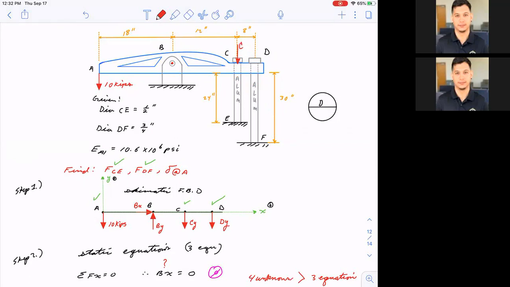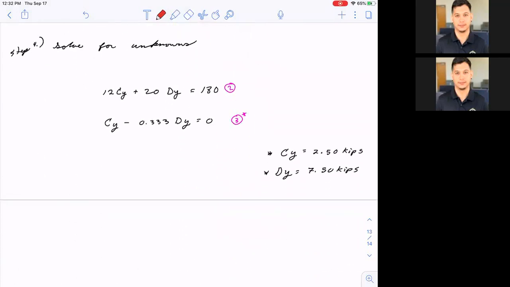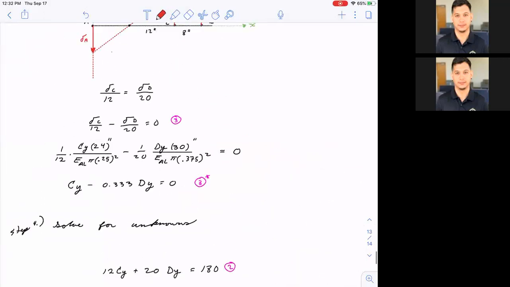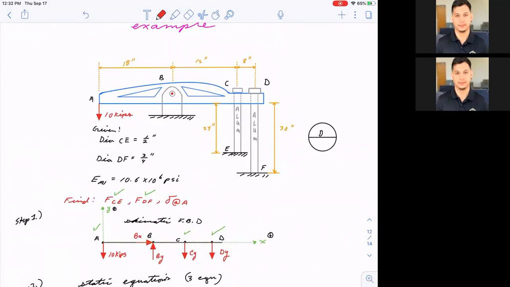So when I say that Cy and Dy is 2.5 and 7.5, what I really can say is this is F of CE and F of DF. Okay. So that's what they wanted to solve originally. So these are done.